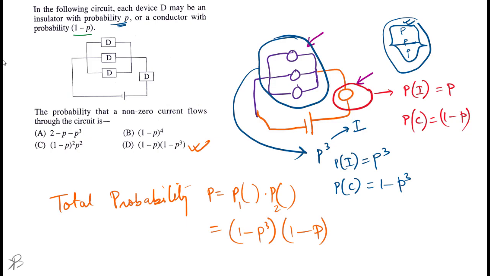Then you just have to think how the probability will depend on adding more components. Let's say if I have one more component here, then the probability would be 1 minus P to the power 4. So all these things I hope that you understood and you'll be able to solve.